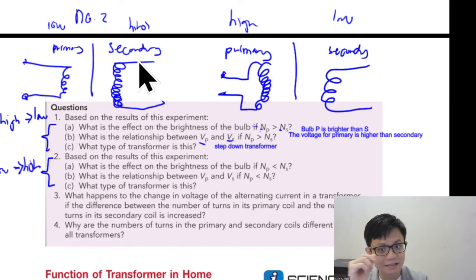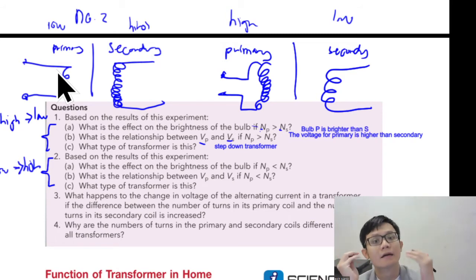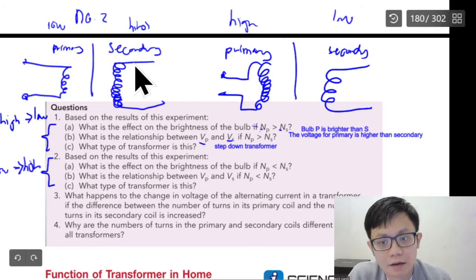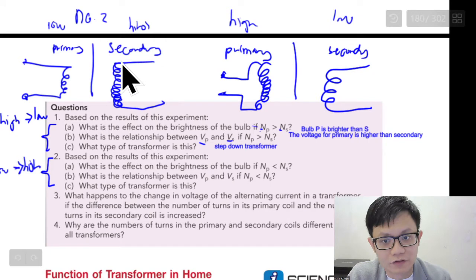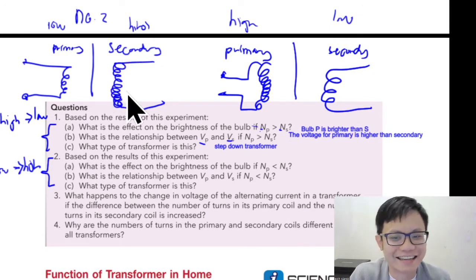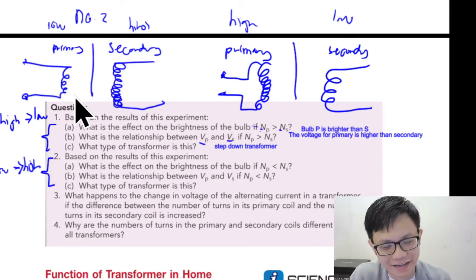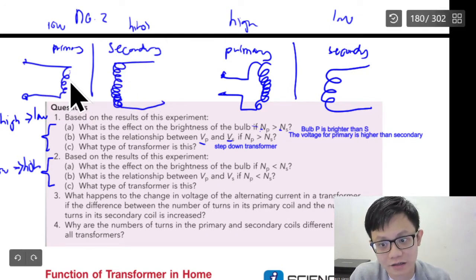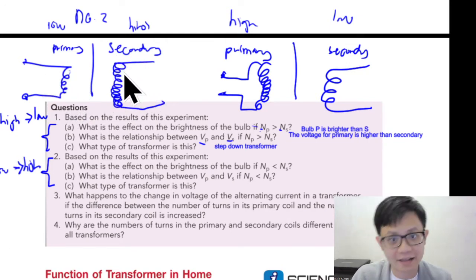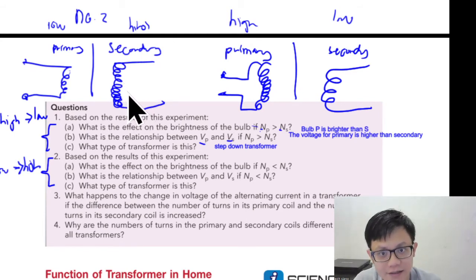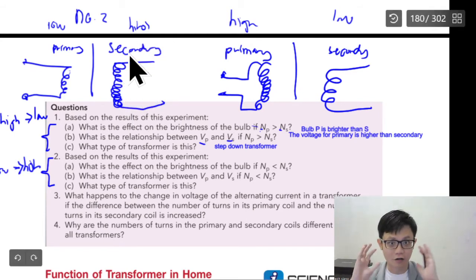The brightness in the secondary is more than the brightness in the primary. Why? Because the number of turns in the secondary is higher than in the primary. So you have a lower voltage for the primary and a higher voltage for the secondary. Okay, now we know the concept already.